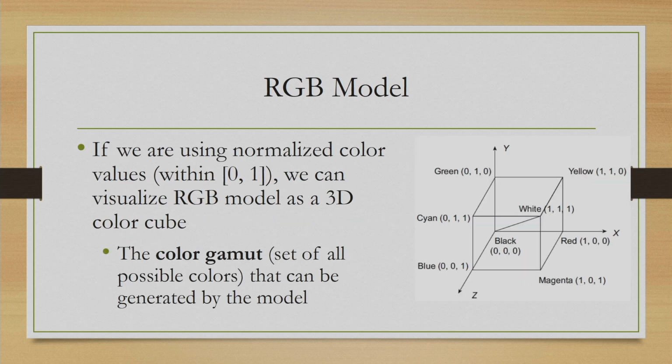Further, if we are assuming normalized color values, that means values within the range 0 to 1, which is typically what we do when we use lighting models, we can visualize the RGB model as a 3D color cube as shown here.